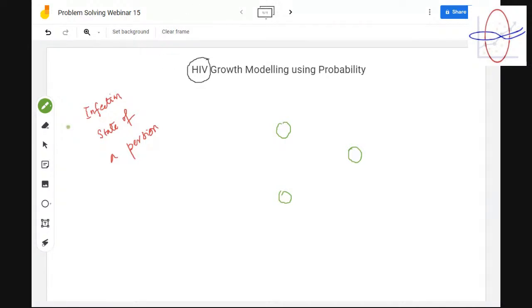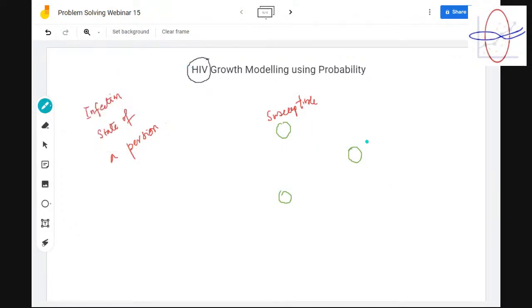The number one state is susceptibility. I am a susceptible being to COVID, or HIV, or any other disease. Susceptible means the person who can catch the virus or the disease. That is one state. Another state is the infected state.